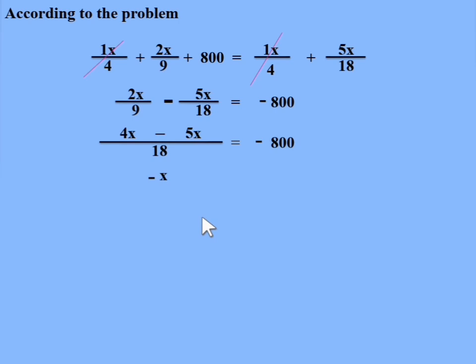We get x by 18. 5x minus 4x is 1x by 18 equals minus 800. So here you see that there is minus on both sides, they get cancelled.